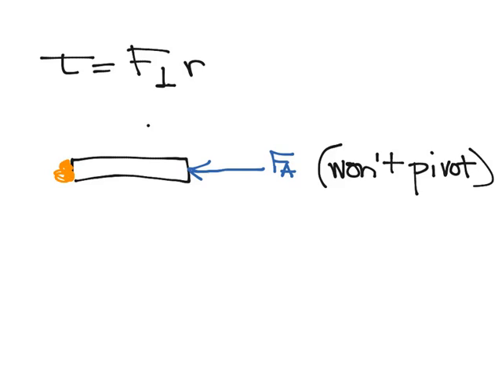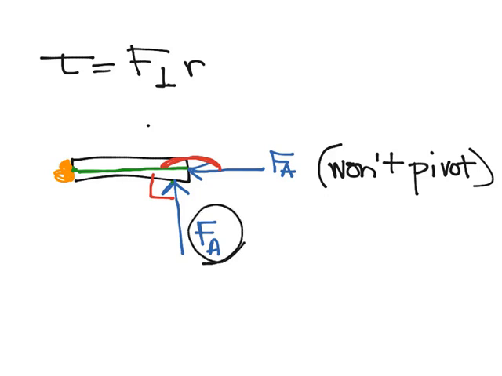But if you took the same force and applied it at a 90-degree angle to the direction between the contact point and the pivot, so these two things are parallel and these two are at 90 degrees, then this force, which is perpendicular, will pivot the door.